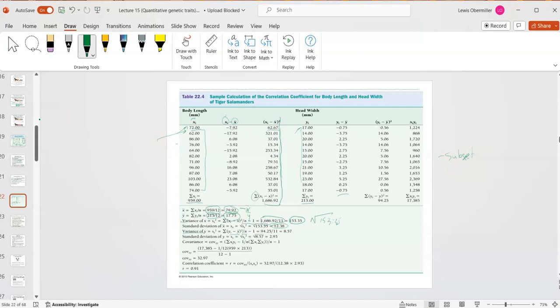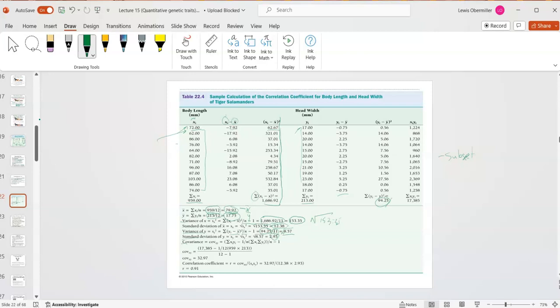We square them, right, to get the variance, and this is what we end up with. 94.25, sorry, that's the sum of all of these values. We have to divide that by n minus 1, so there's 12 individuals minus 1, which would be 11. So we divide it by 11, and that gives us 8.57. All right, so we have the standard deviation. We square root 8.57. That gives us 2.93.